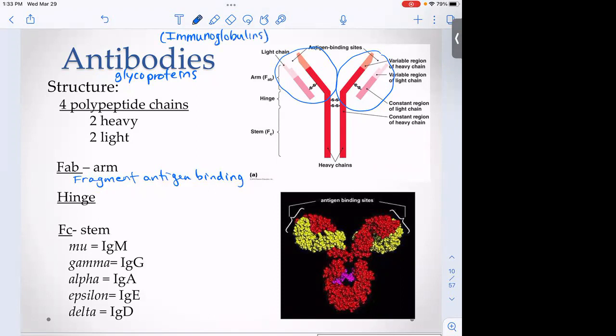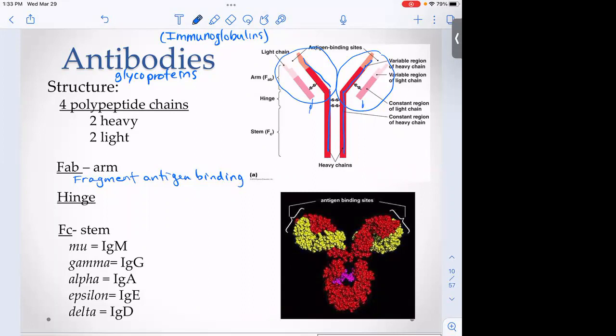Technically, antibodies are a kind of immunoglobulin, but oftentimes those two terms are just used to mean the same thing. There are two heavy chains here, this part and this part. We call those the heavy chains because they have a higher molecular weight. And then there are two light chains, with lighter molecular weight, on the side.